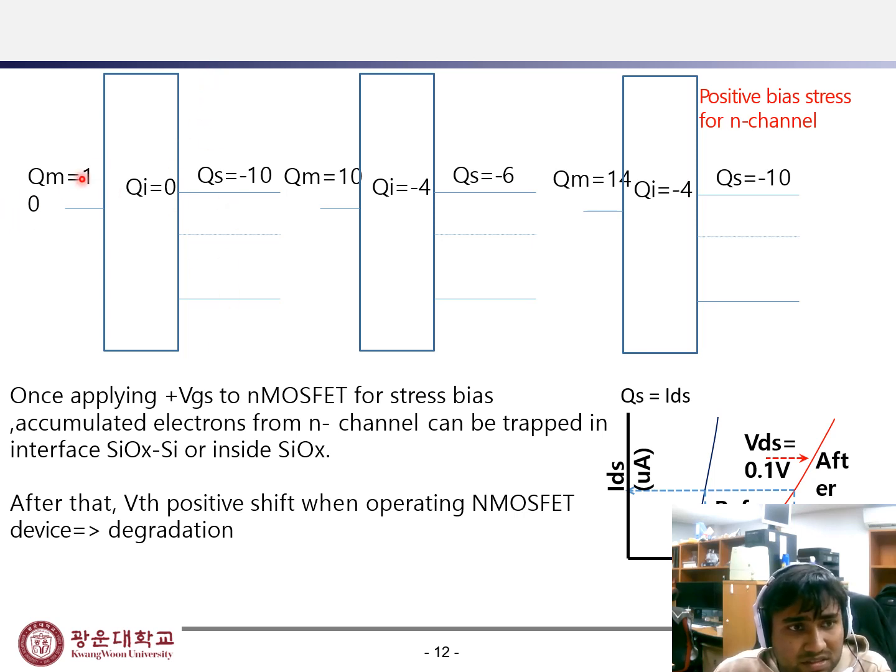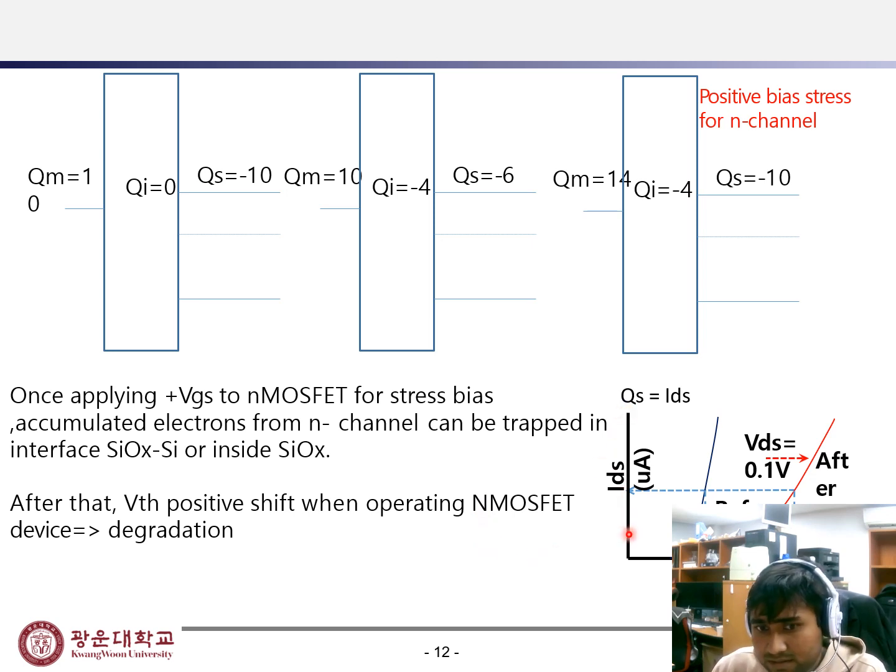Here is 10 positive charge, and the same amount of negative charge here, but a few days after, the negative charge is reduced. The other 4 charges move to the silicon dioxide layer in positive bias stress for N channel. After that, a threshold positive shift occurs when operating, causing MOSFET device degradation.